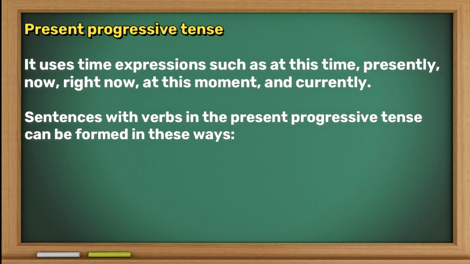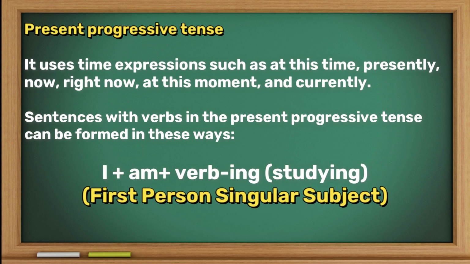Sentences with verbs in the present progressive tense can be formed in these ways. For the first person singular subject, I plus am plus verb with ing, like studying.